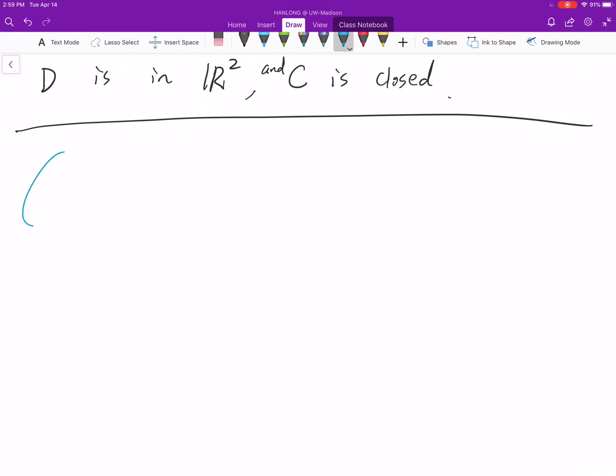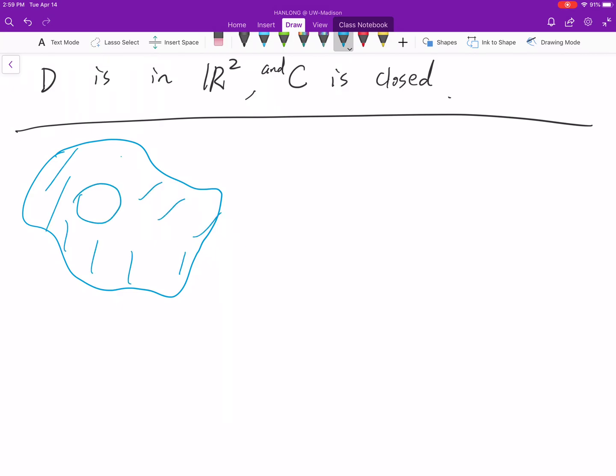Suppose this is your region, might be very weird, and we consider the curve. You can consider this curve starting and ending at the same point, or this curve, or a union of them. But basically you can decompose them into simple ones.